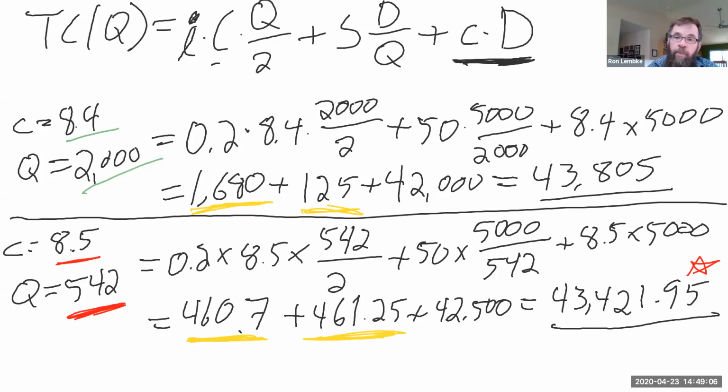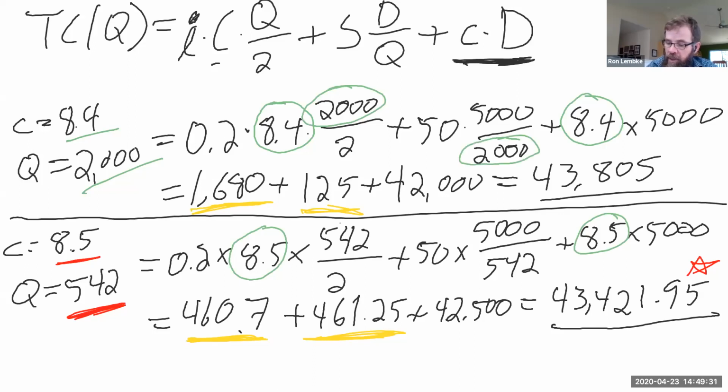The last thing I want to point out is the differences in the numbers in the formulas. The price of goods is $8.40 in the first calculation. In the second calculation, it's different: the price is $8.50. The other thing that's different is the quantity. We have 2,000 units here and 2,000 units here; down here, it's 542 and 542.